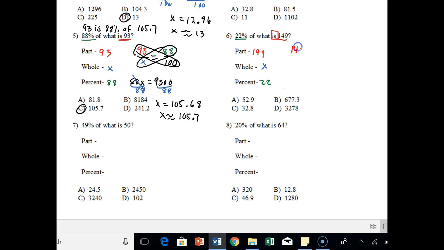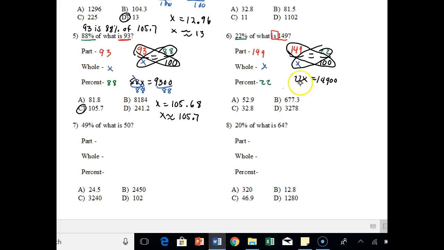So it's 149 over x is equal to 22 over 100. 100 is always in that bottom denominator there. So 149 times 100 is 14,900. And that's equal to 22 times x, which is simply 22x.